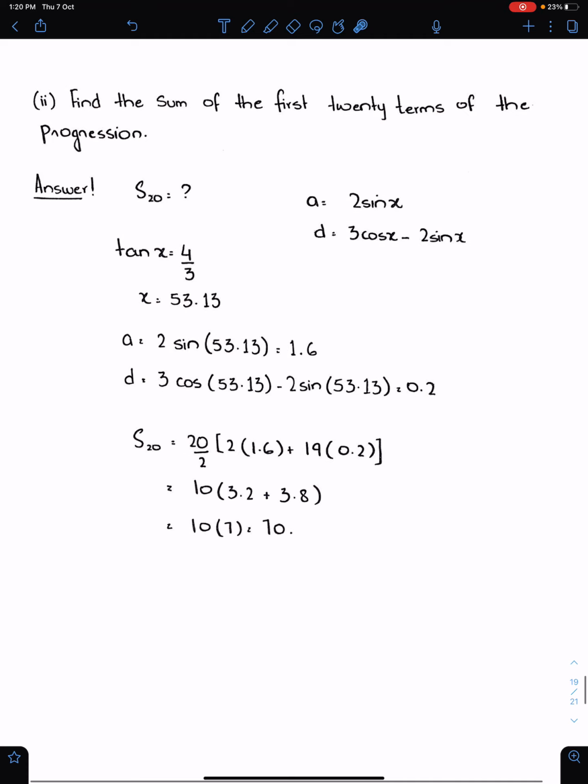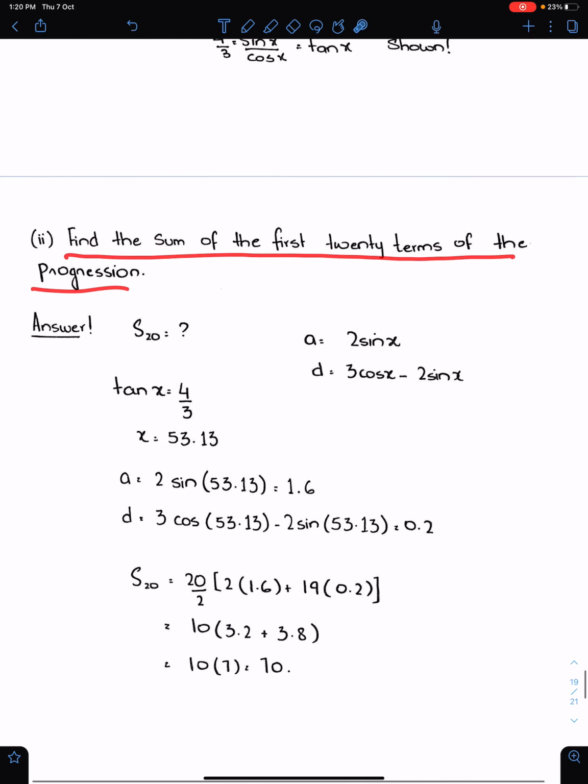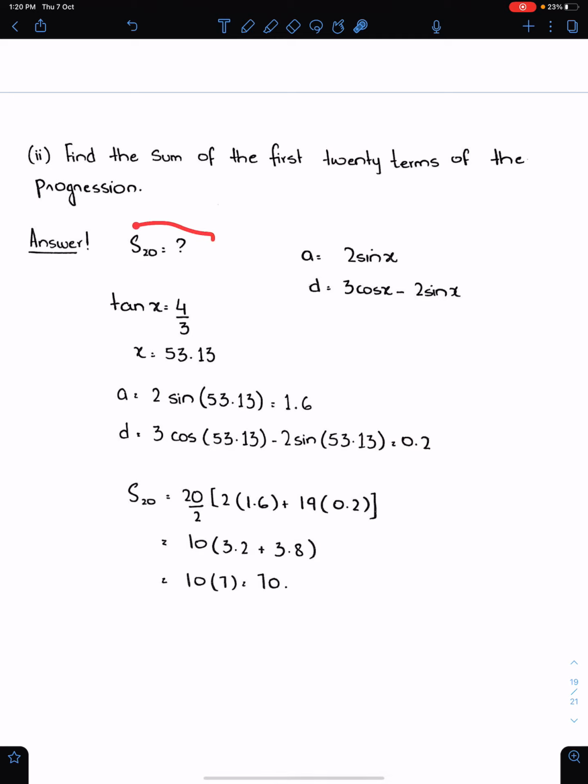Next question. Find the sum of the first 20 terms of the progression. The second part of this question. So we need S20. D is this, A is this. Since we know tan x is 4/3, we can easily get the value of sin x and cos x. You have options. You can either get x or you can get the values of sin x and cos x. This is opposite upon adjacent. So we can easily get the value of sin x if you want.